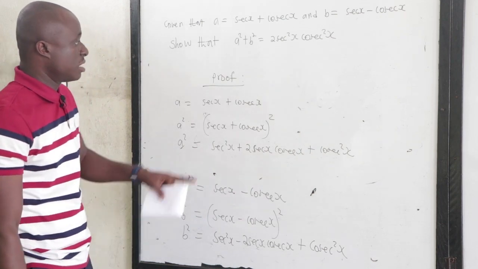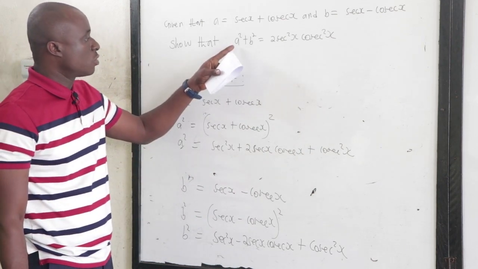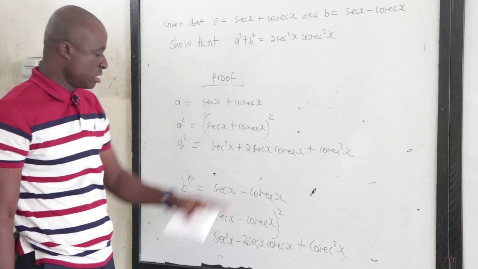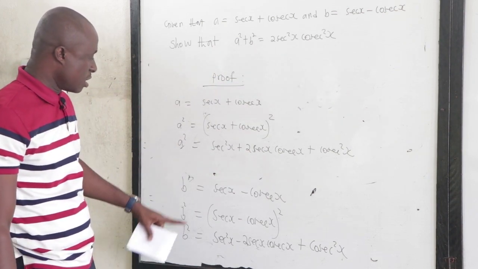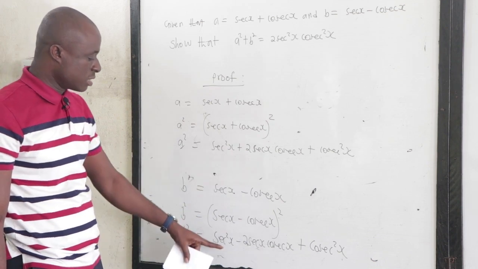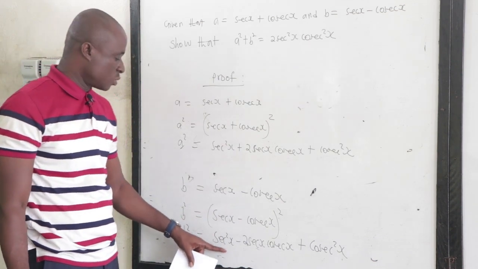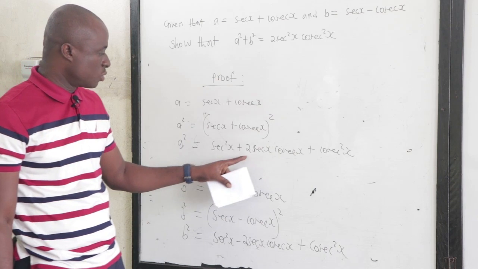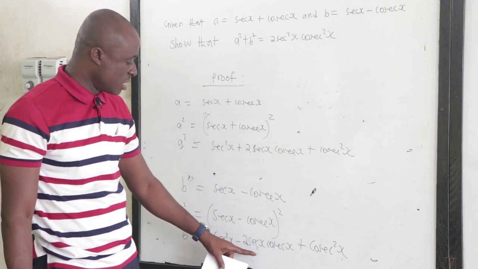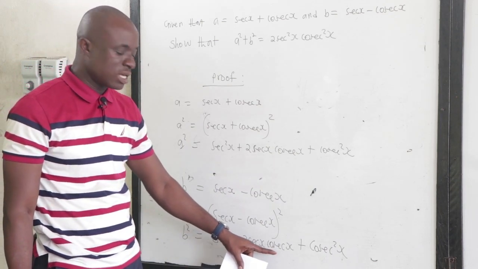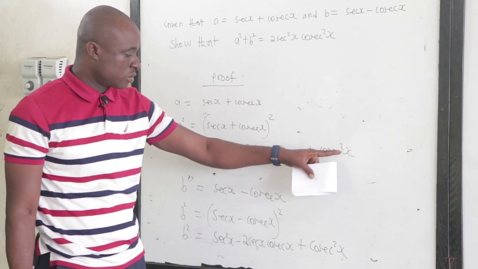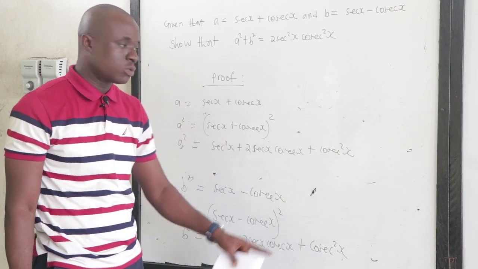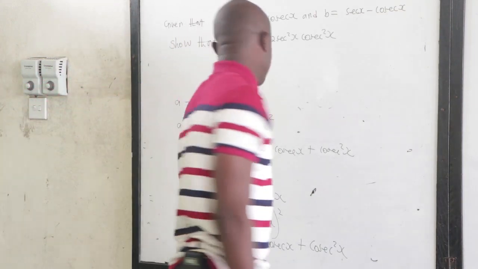Now what is it telling us? It says that you show that a squared plus b squared is this. Now what is a squared plus b squared? So if I have a squared plus b squared, let's see, sec square x plus sec square x, this is 2 sec square x. But 2 sec x cosec x will cancel out negative 2 sec x cosec x. Then cosec square x plus cosec square x will give us 2 cosec square x.